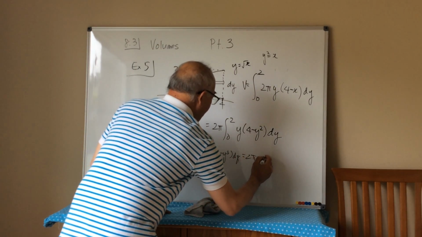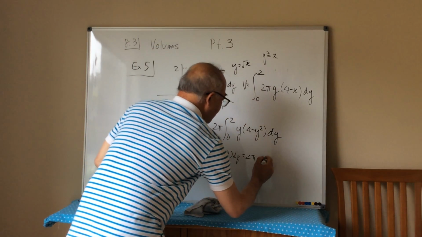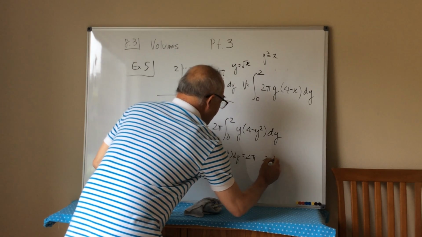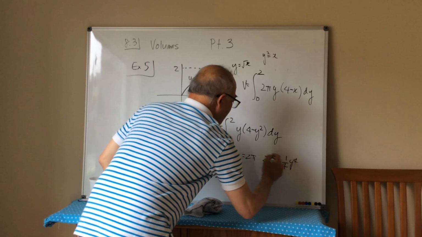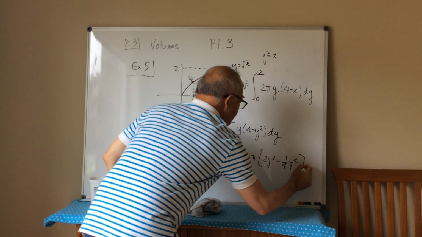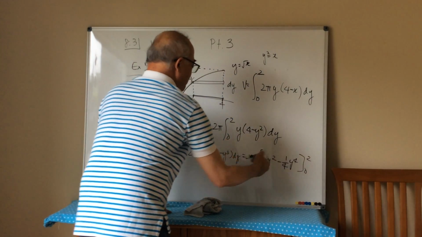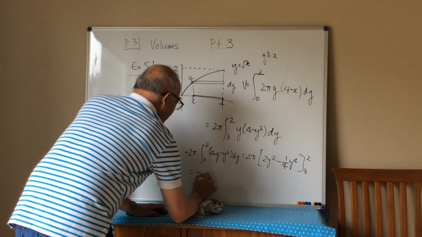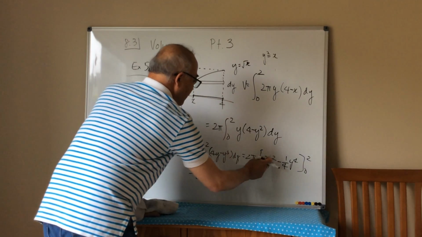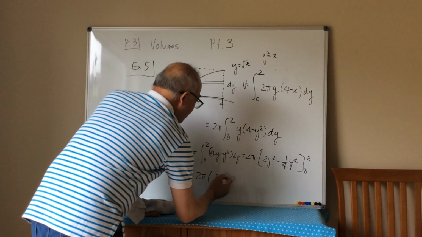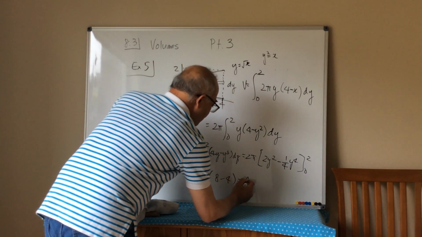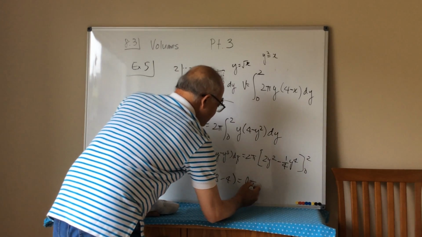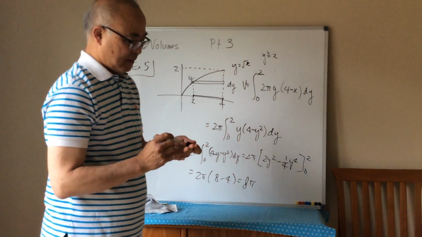If I take the antiderivative of this, I get 2y squared, and over here, minus 1 over 4 y to the 4th, going from 0 to 2. So I simply put the 2 in there. 2 pi, the 2 I get here is 8. If I put 2 in here, I get minus 4. So it looks like my final answer is going to be 8 pi.